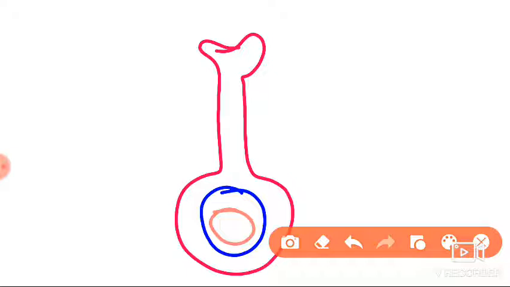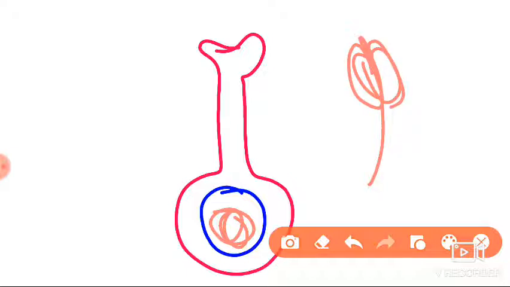Inside the ovule it contains the embryo sac. The embryo sac is located here, and it mainly contains different types of cells, which we will discuss later. What will happen when the anthers release the pollen grains?